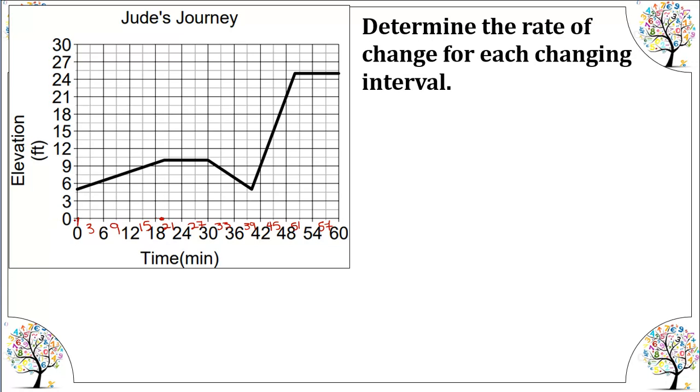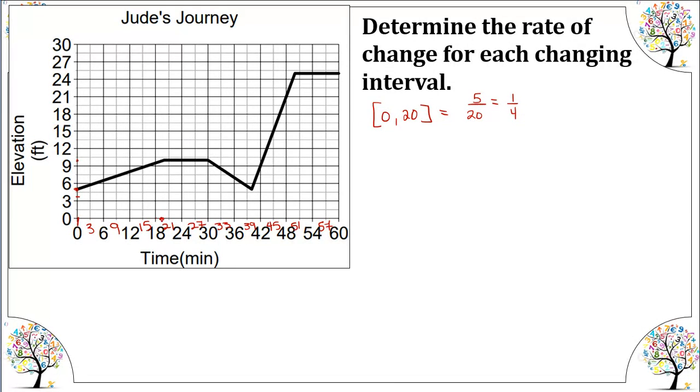So from 0 to 20, it is going from, this looks like 5, this would be 4, and this would be 5. So 5 up to here, which looks like that would be 10, okay? So from 5 up to 10 is a change of 5 over 20, and this gives us a rate of change of 1/4.